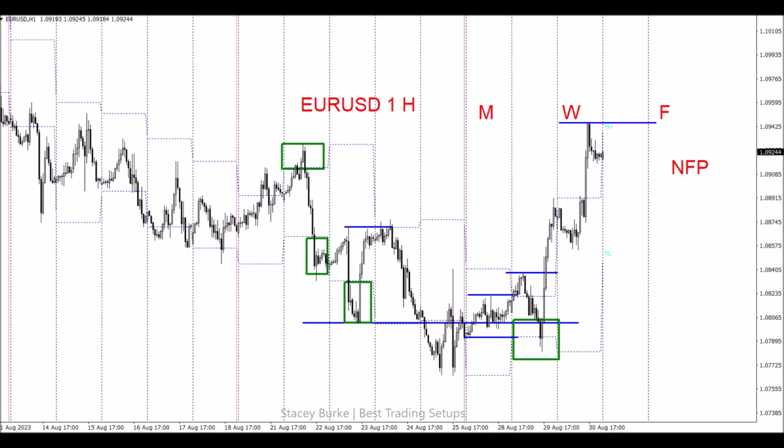But we can see in this particular template, it was a day 1, day 2, day 3, a reset and a continuation that reversed on our new weekly template for the dump and pump reversal. And where did we go back to? All the way back to the high of the previous week. Dump and pump, pump and dump. Day 1, day 2, day 3.